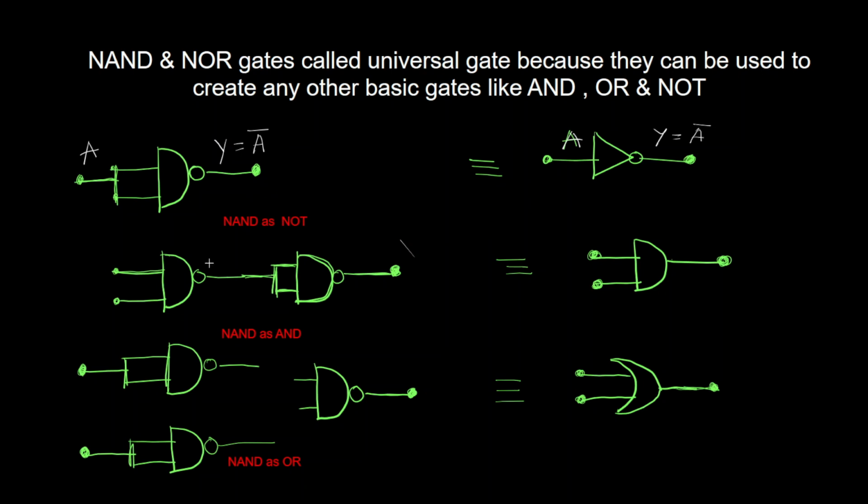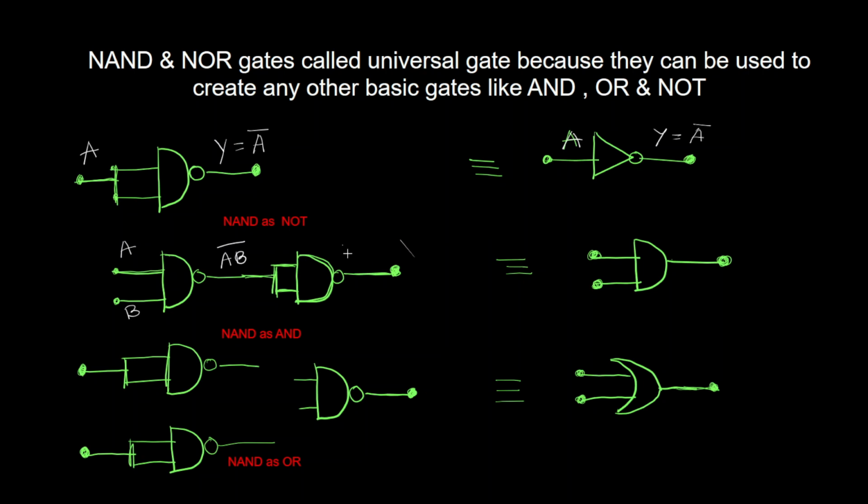Next, in this circuit you can see a two input NAND gate connected to a single NAND gate. If we take A here and B here, then here you will get (AB) complement.